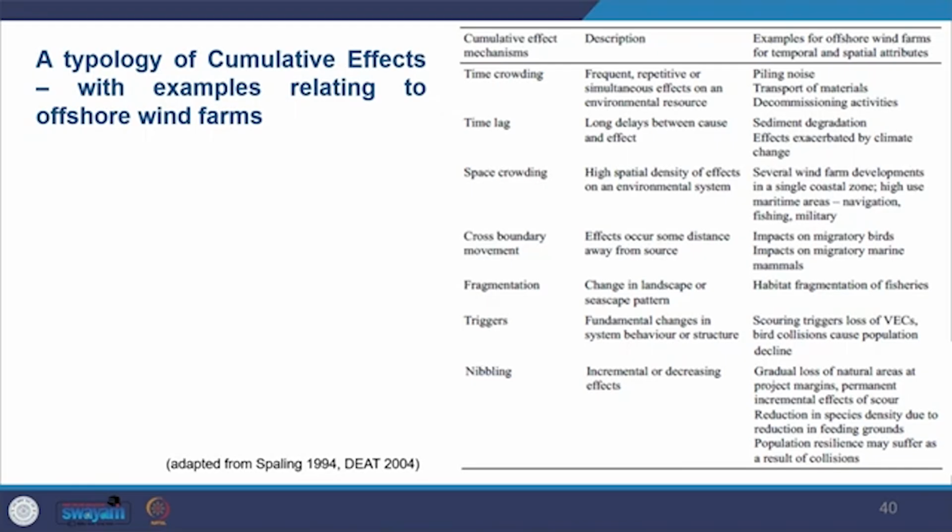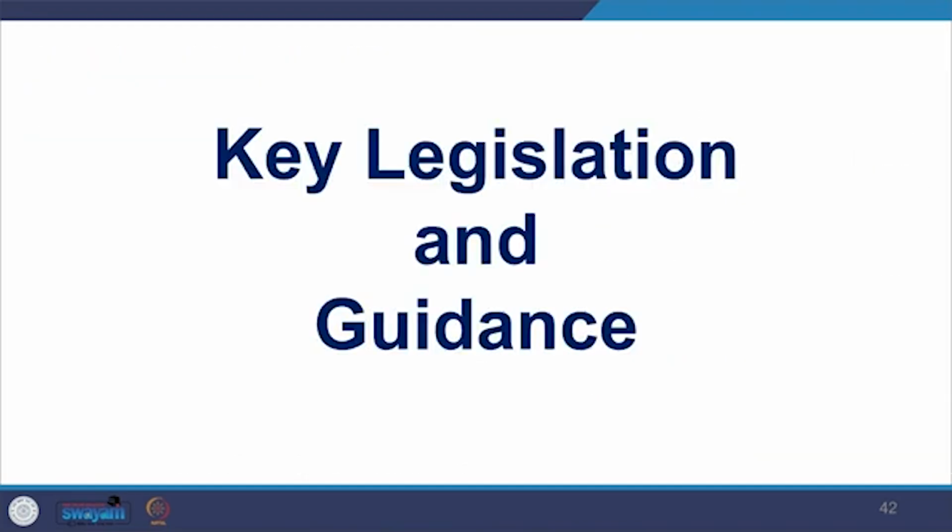It was very specific to the wind farm projects. These examples were specific to that. Now, looking at the key legislation and guidance. So, in the Indian context, we do not find that being currently implemented through the legislative tools, but there is a lot of debate and discourse going on.